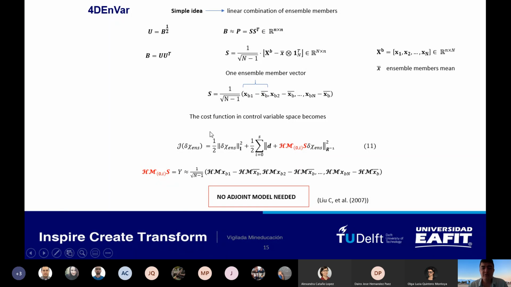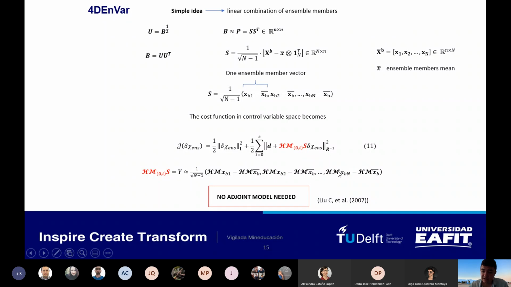And if you are going to use the gradient based technique in the minimization of the functional, you are not going to use the adjoint of the model. You can use this expression to evaluate from the nonlinear propagation.